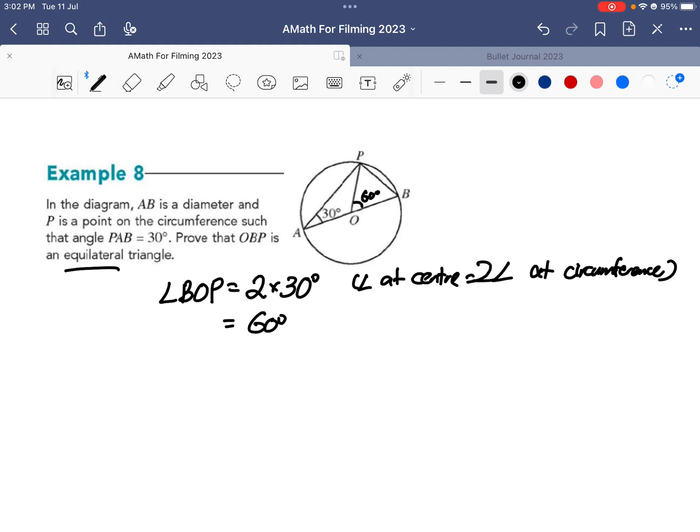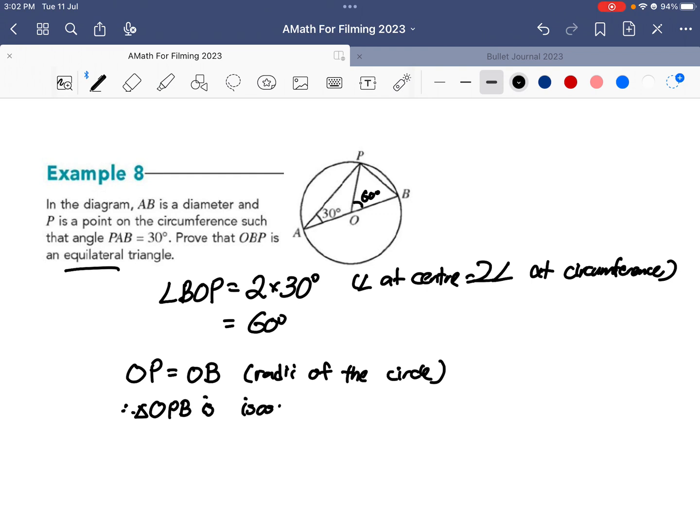So now I know that this is 60 degrees as well. Now, if you notice, OP equals OB. Why? Because they are both radii of the circle. Therefore, if OP equals OB, it means that triangle OPB is isosceles. So angle OPB equals angle OBP.